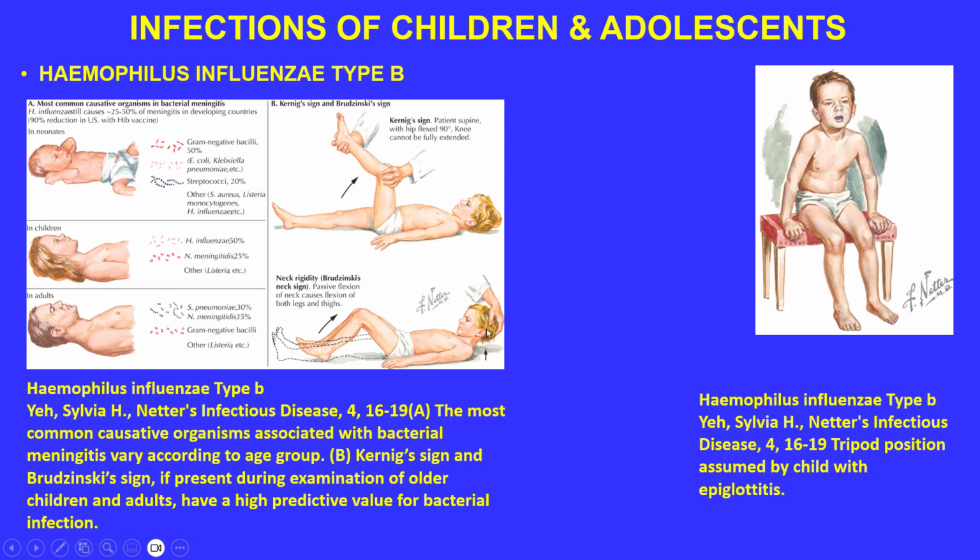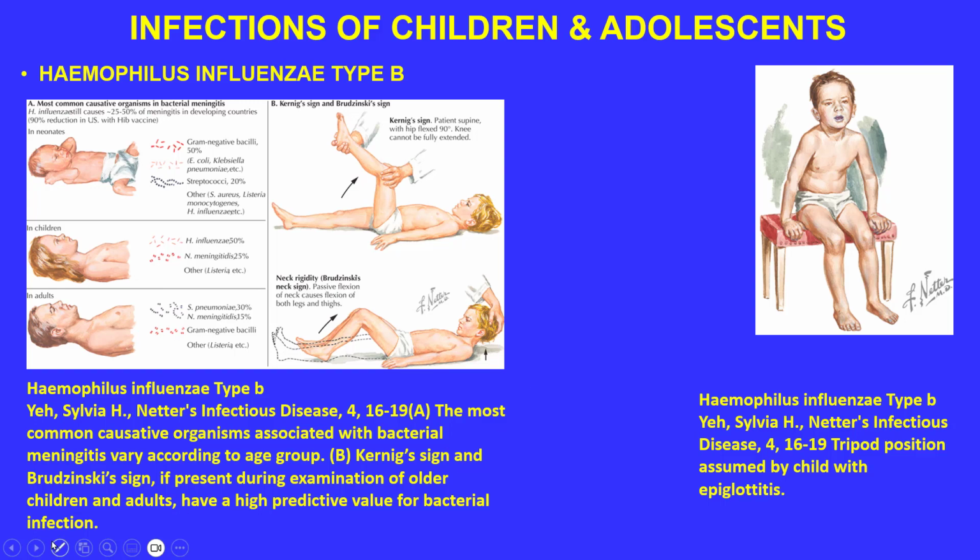So as he pulls upward here, you see the legs being pulled up. Okay? This has a high predictive value for bacterial infection. And if you notice this child here, if you're very savvy, it's called the tripod position, assumed by children with epiglottitis, but notice around the lips that look somewhat bluish.